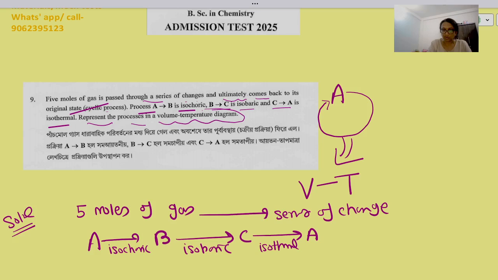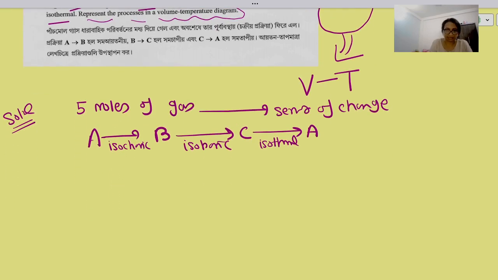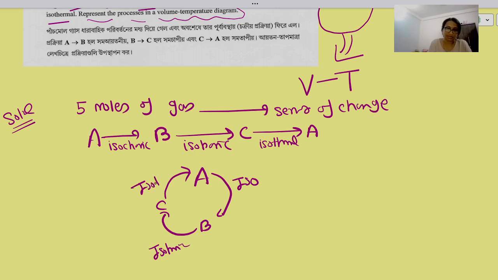In this process, a cycle is formed: A to B, B to C, and C to A. There are three phenomena. A to B is isochoric, B to C is isobaric, and C to A is isothermal.